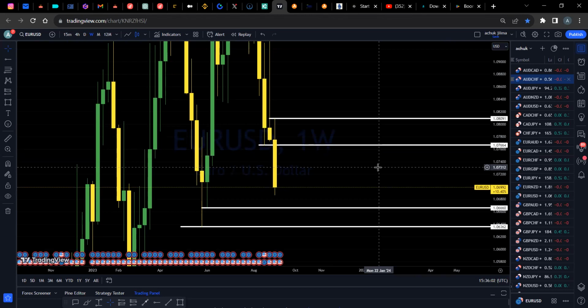The accumulation phase is that phase in which the market has, let's say, bottomed, and then price begins to tank around that region, and investors begin to start buying because they assume the worst has already happened. So in Forex, that can be the worst in terms of this pair and that pair.